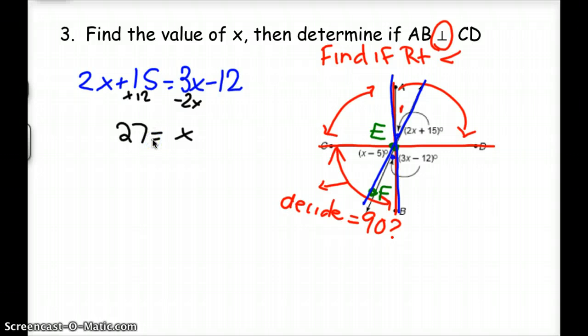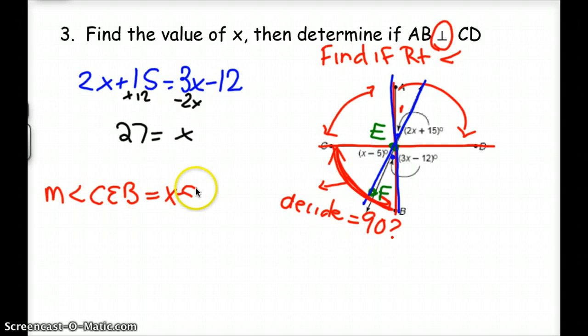So my next thing I need to decide is if this angle here is 90 degrees. So I need to check out the measure of angle CEB. And that's going to be x minus 5 plus 3x minus 12. Do people see that I'm adding these two together here? And now I'm going to put 27 in.